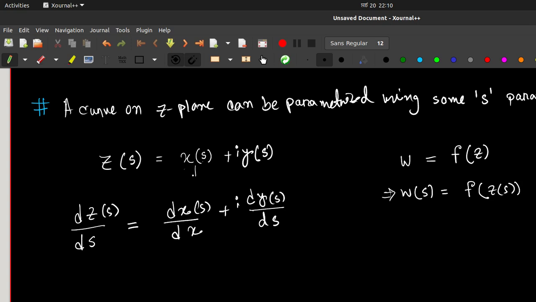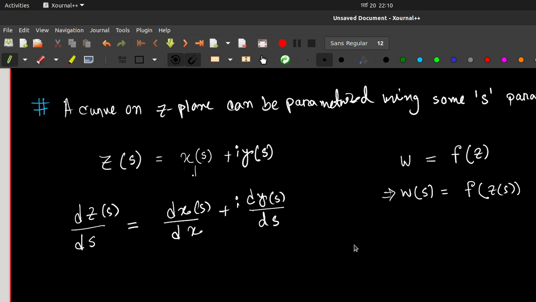A simple example would be to write W as z square, and let's say z is s plus 1. You just put s plus 1 over here, and you can easily see that W is also coming in terms of s.